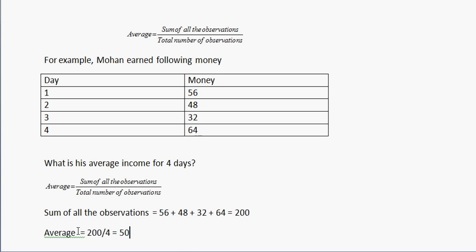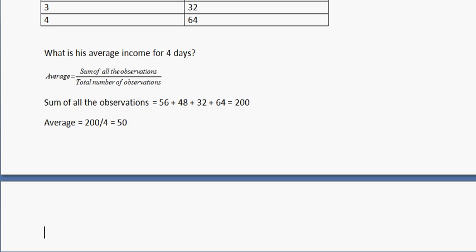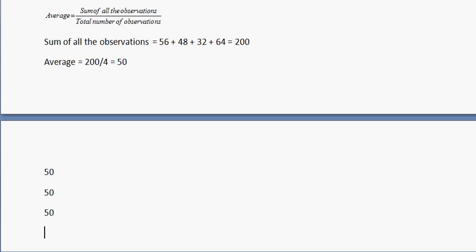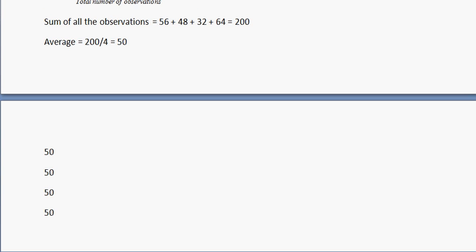So what do we mean by average? What do we mean by the sentence that on an average he earns 50 rupees each day? This means that if he earned 50 rupees every day, so 50, 50, 50, 50, then he would earn a total of 200 in all those 4 days. Now he is earning different incomes every day, but the total is 200 as well.